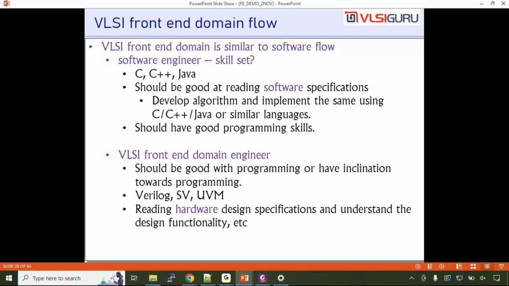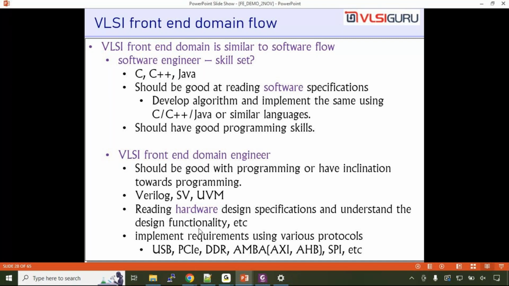Like a software engineer reads the software specification, a hardware engineer reads the hardware specification, understands the design functionality, and implements the requirements using various protocols. There will be some protocols in VLSI called USB, PCI Express, DDR, AMBA protocols, various protocols.